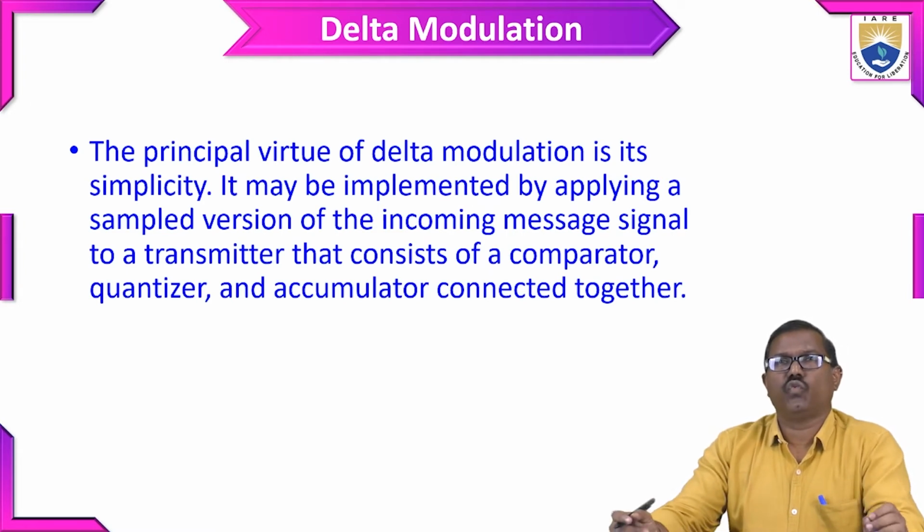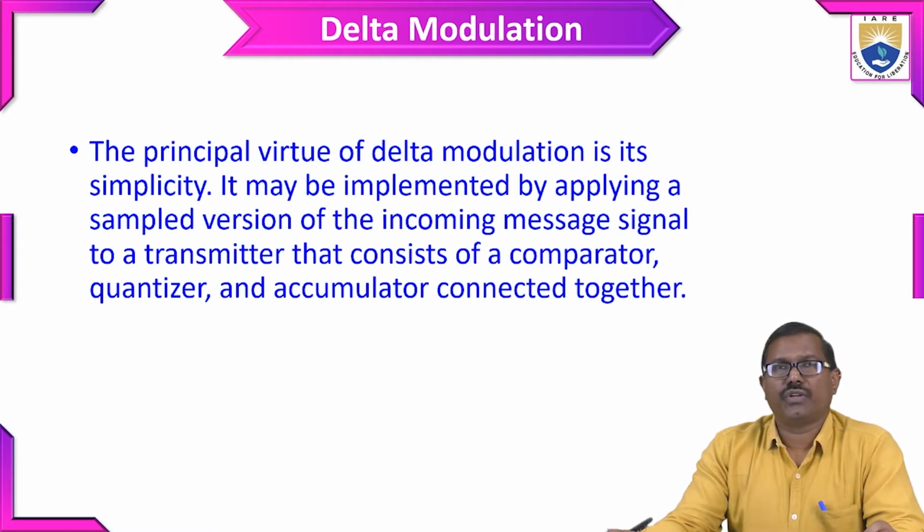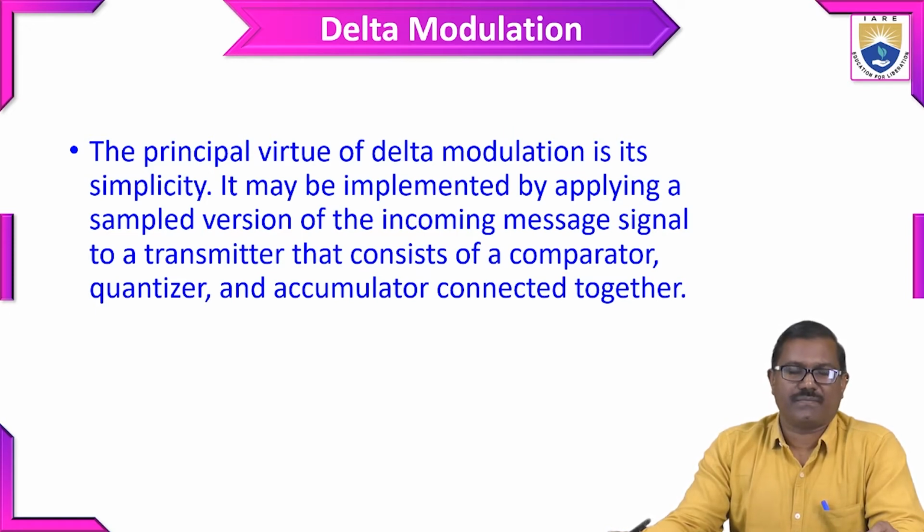The principal virtue of delta modulation is its simplicity. It may be implemented by applying a sampled version of the incoming message signal to a transmitter that consists of a comparator, quantizer, and accumulator connected together.